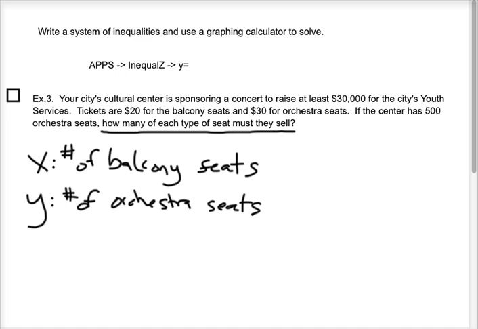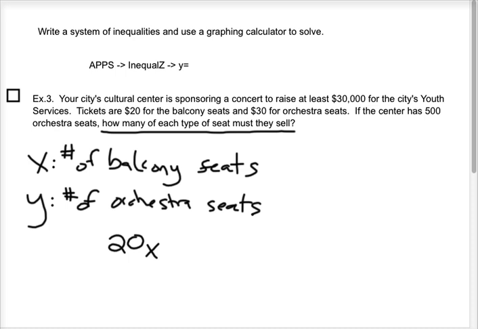Now we have to start working on the equations. The first one is going to represent a money equation. They want at least $30,000. How are they going to get that? Well, $20 per balcony seat. So the money they're going to make is 20 times the number of balcony seats that they sell.